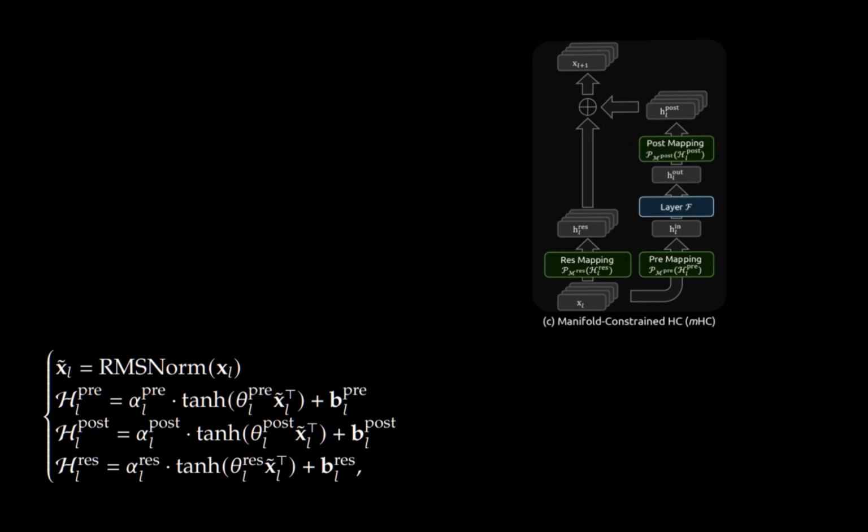So basically, we have two flows of information. One is this path, and the other one is going through the pre and post mapping path.